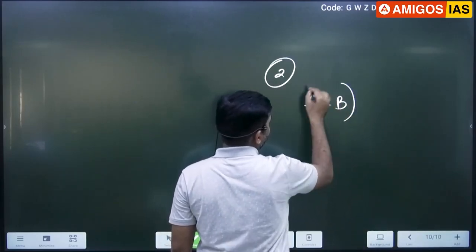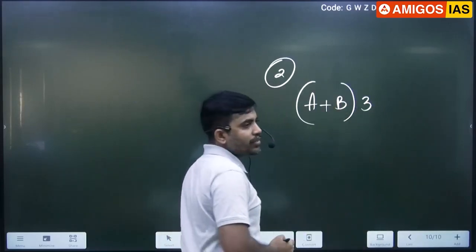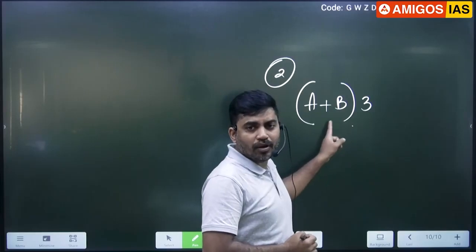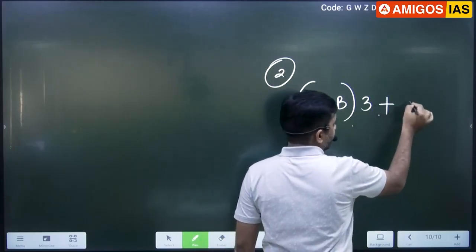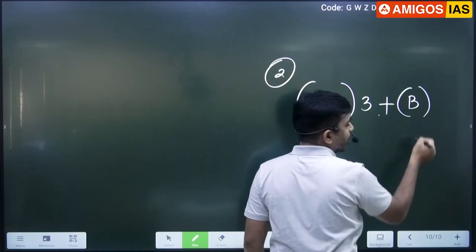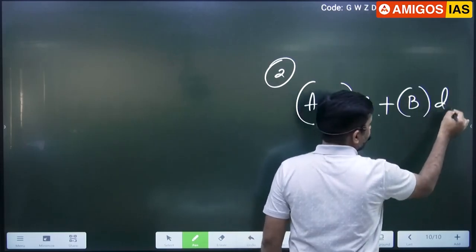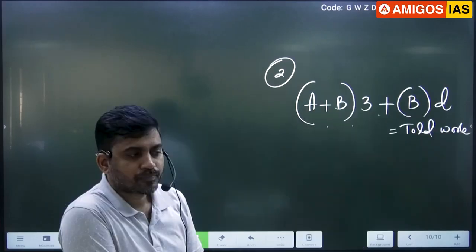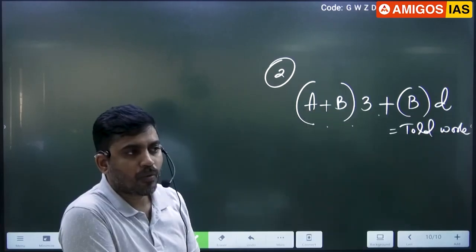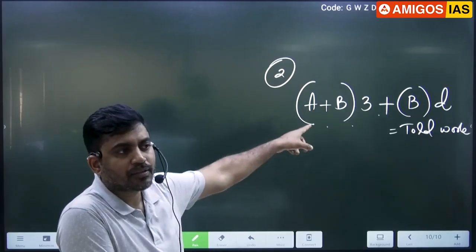A plus B into 3 means A and B work for 3 days. Then A left. It means B only working for D days is equal to total work. What is total work here?